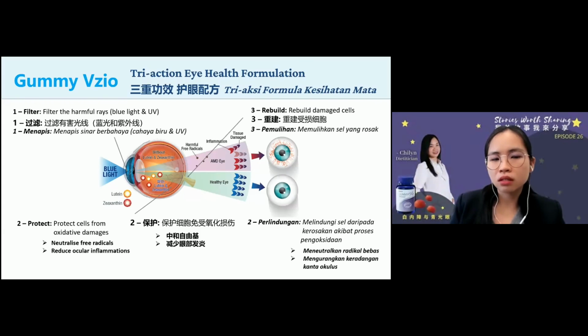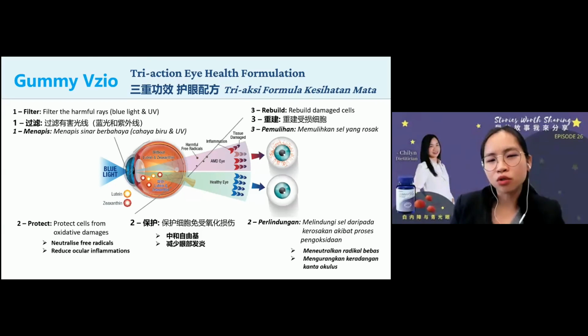And over here, it will be our eye cells. And after it neutralizes the free radicals, it can actually protect the cells in your eyes from oxidizing and damaging. And when your eyes are not damaged, you wouldn't have the problem of eye inflammation. Inflammation occurs when it is damaged. For instance, even after getting in control, it would still get inflamed. And therefore, with that, it can protect our cells from damaging and reduce the chances of getting eye inflammation.